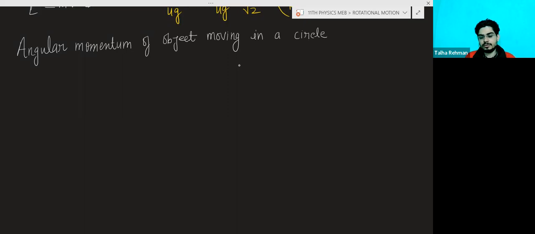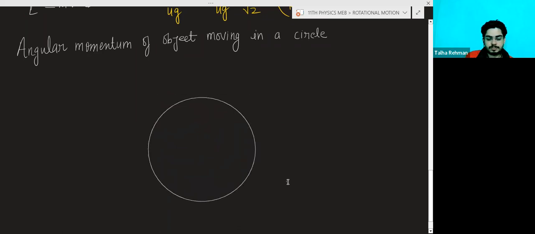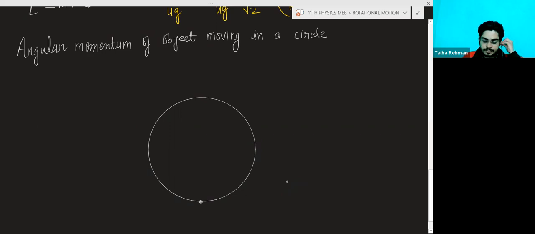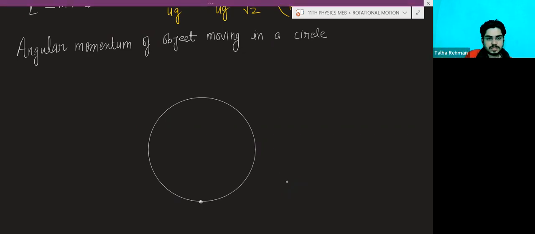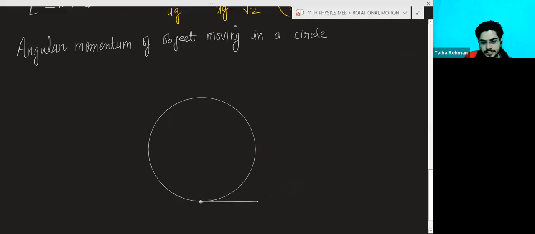So we'll take a circular path, and suppose this is mass m, and this mass m is moving on this circular path. This will be the direction of the linear velocity.